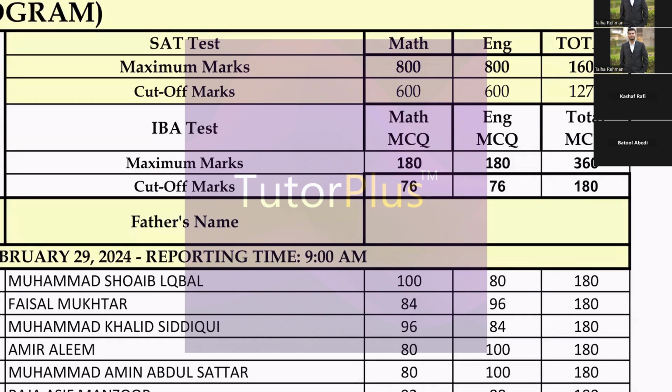Somebody who got a score of 184 got in directly, that is, that person did not have to sit for the interview, but the person who got one fewer MCQ right had to sit for the interview. So there's only very little difference between going the interview route and going through the direct admission path.